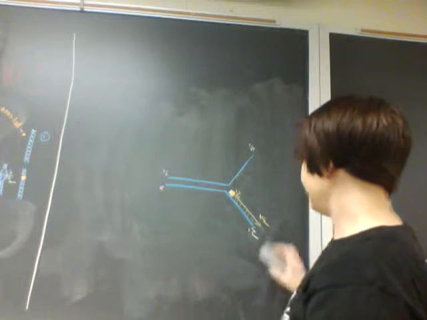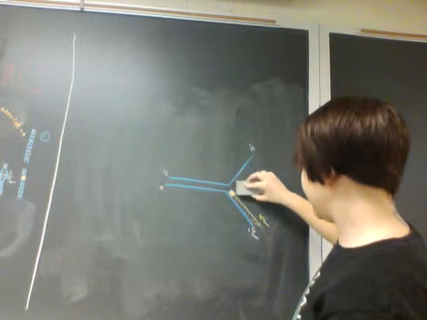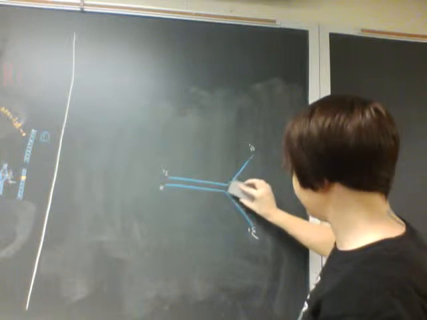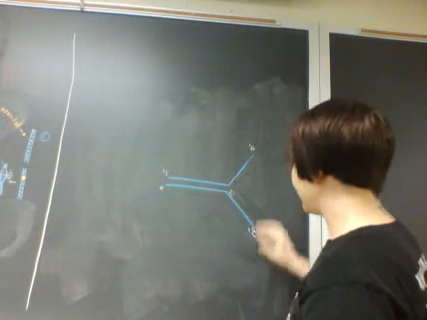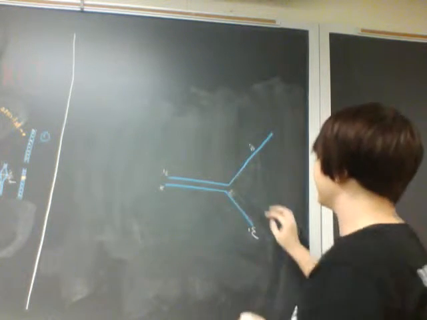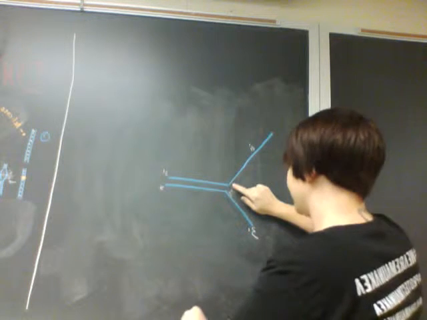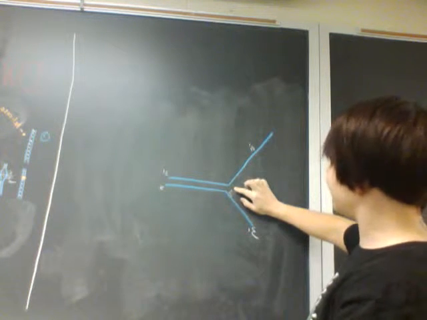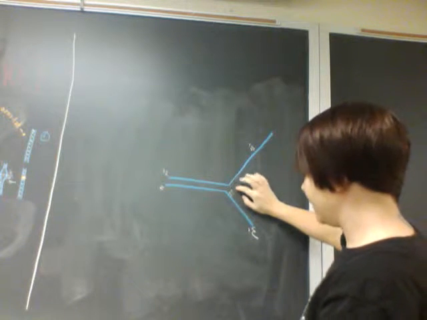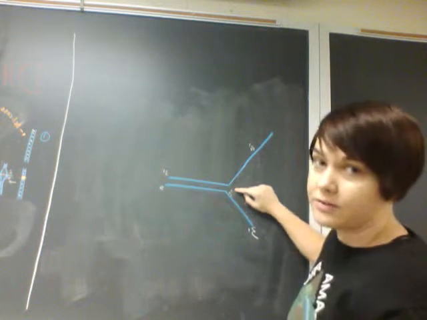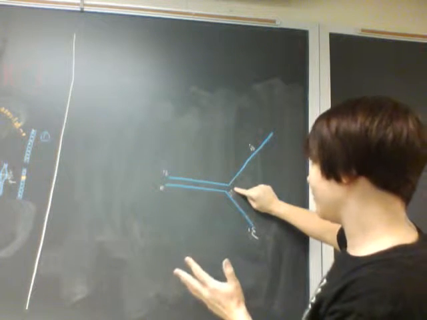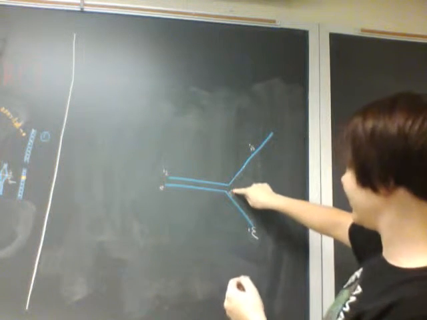So now that we have that, we're going to get rid of this real quick so it's not distracting. And say we are up here. Now I'm going to extend this a little bit more. If we start right here, it wouldn't be 5' to 3'. This would have to be a 5', this would have to be a 3'. So your RNA primase cannot connect to this point.